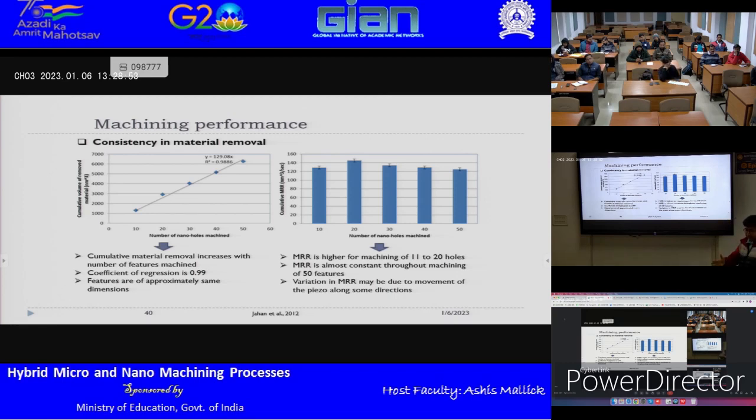Now we investigated what could be the reason, and we have a valid point. We are not using any linear guide for movement, right? We are using piezo. For piezo, in some directions the movement is more accurate than in other directions, because it's a piezoelectric material.